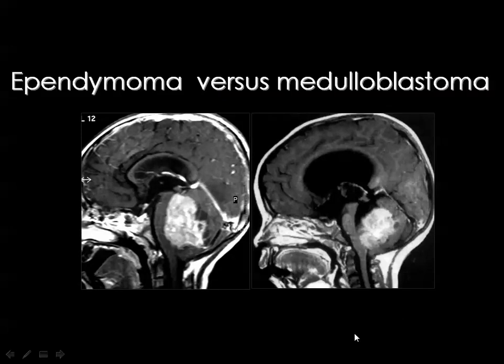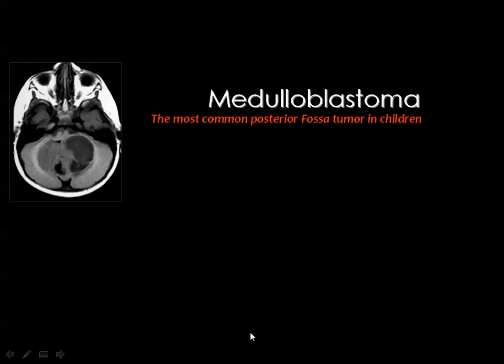And you can see the difference between ependymoma and the medulloblastoma in the sagittal images. The ependymoma usually fills the fourth ventricle, especially this particular area, which is the upper segment of the fourth ventricle, while the medulloblastoma usually does not fill the whole fourth ventricle, especially its upper part.